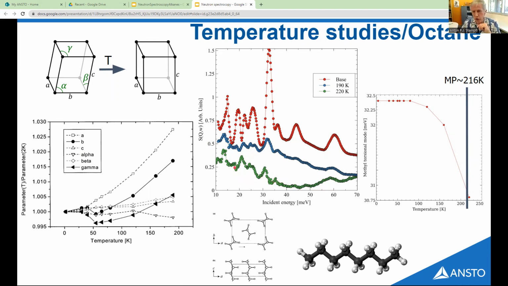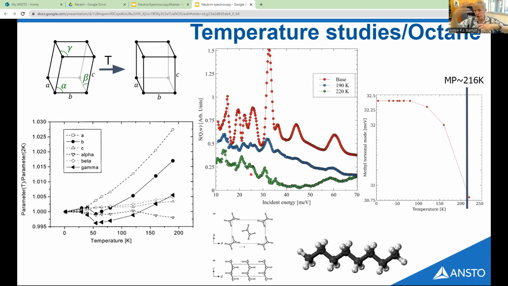This is interesting too, because this green is just above the melting point. So it's a liquid, and we're still seeing peaks here. Those peaks might be, and I think are, due to the modes of the material, but we're still able to see them. What we see with neutrons is all the motion. So when we go to a liquid, in general, we should just see the background, right?